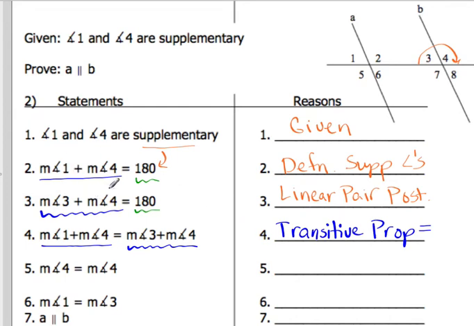The next line, notice it has exactly the same thing on the left side as on the right side. And when that happens, that is always the reflexive property. And in this case, it's equals in the middle, so reflexive property of equality. And then what they did, they made that statement just to kind of make you aware that since they are the same, we can subtract the same thing from both sides of the equation.